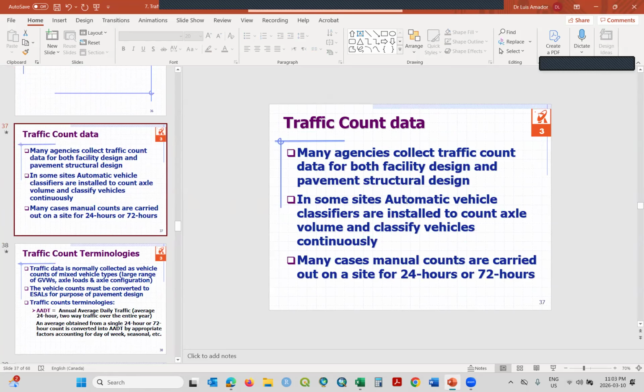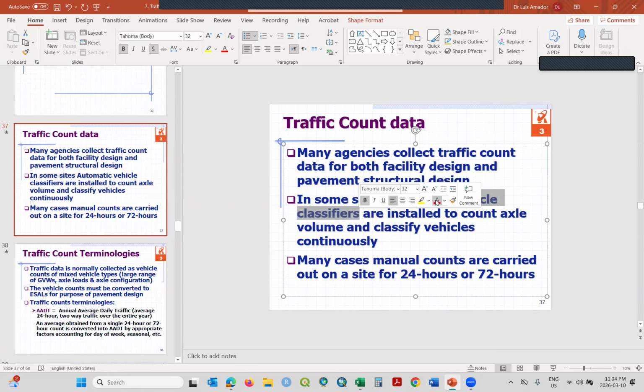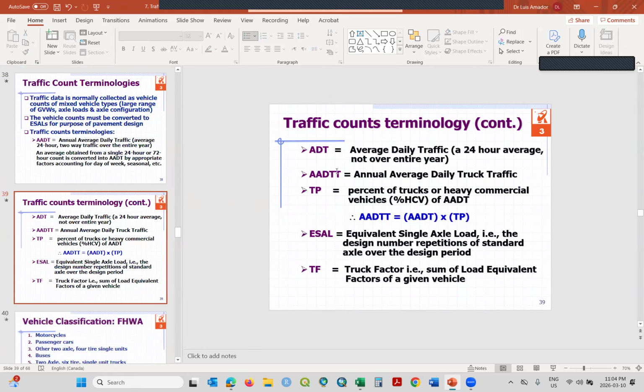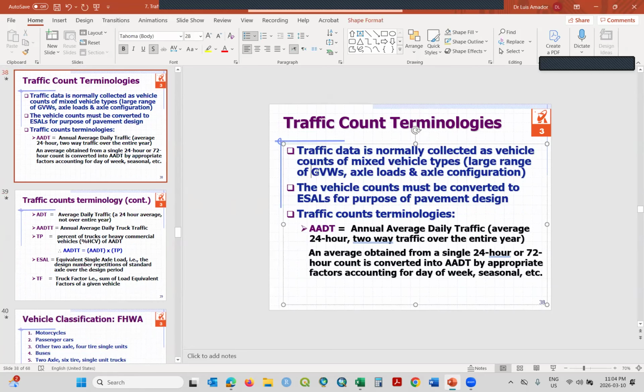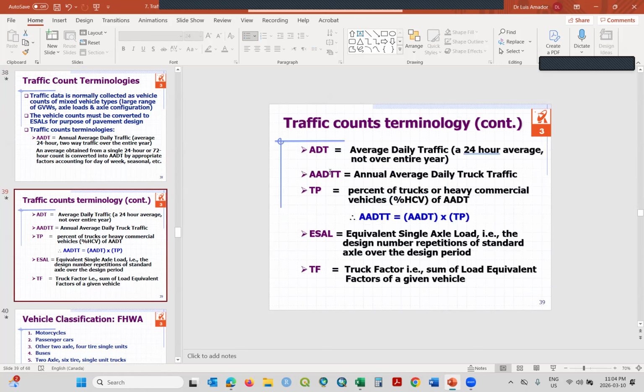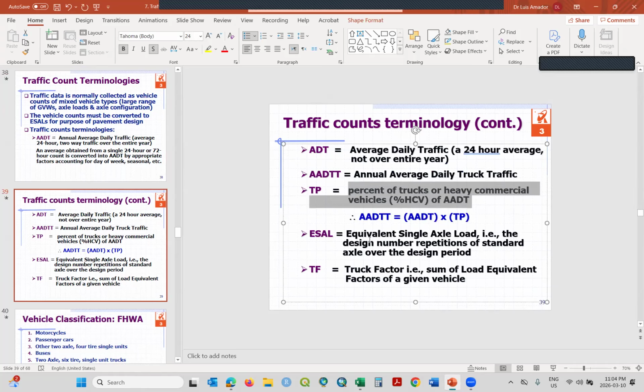And traffic count data is typically done with automatic classifiers that you will place for 1 day to 3 days. And you will typically just consider the good vehicles, so you forget about the cars. And this is what allows you to estimate your average annual daily traffic. And then it also allows you to estimate your percentage of trucks. And with the percentage of trucks, we can estimate the ESALs.